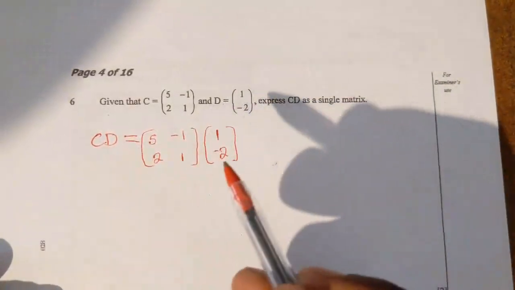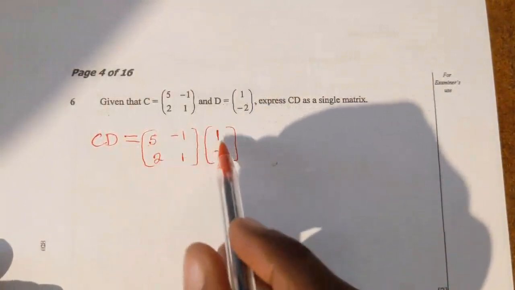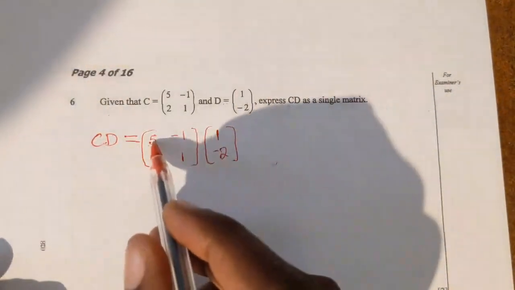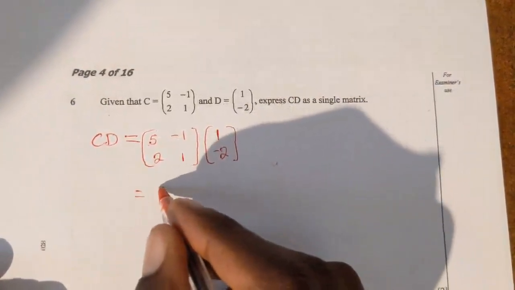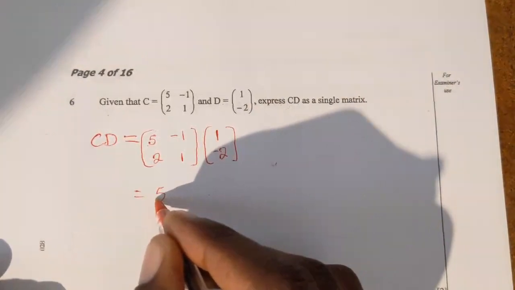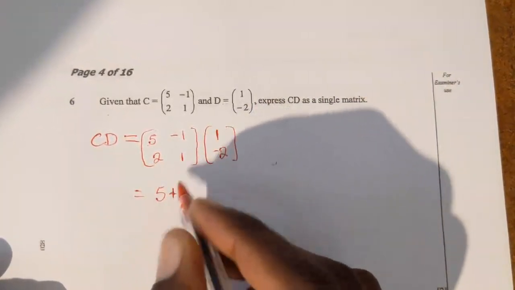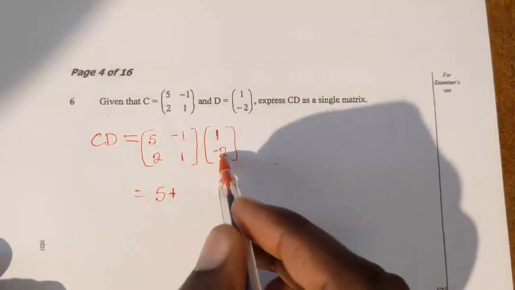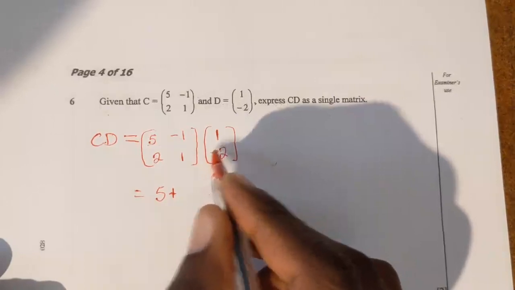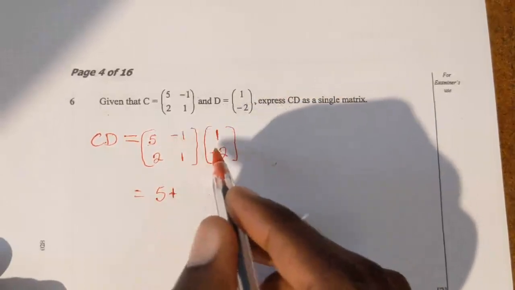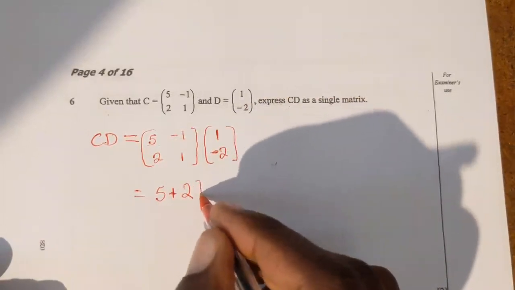You know how matrices are multiplied, so you multiply this by that, this by that. 5 times 1 is 5. Then you add -1 times -2, which is just +2.